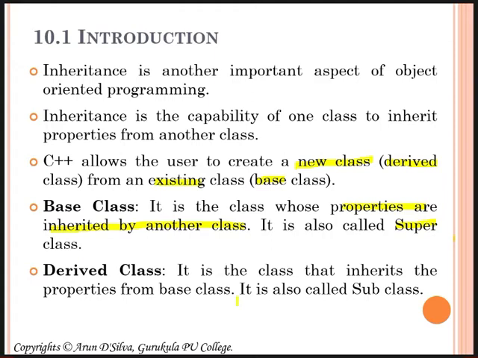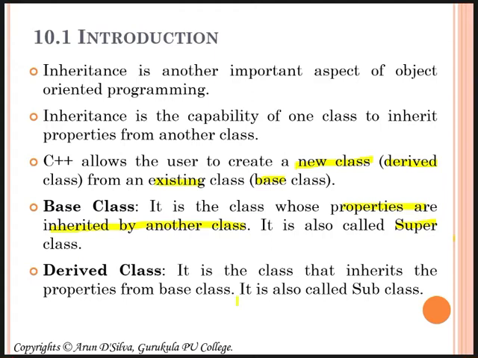Such types of classes are called derived classes. Simply creating a new class, we cannot call it a derived class. From the existing one, by accessing the properties of existing classes, such classes are called derived classes.